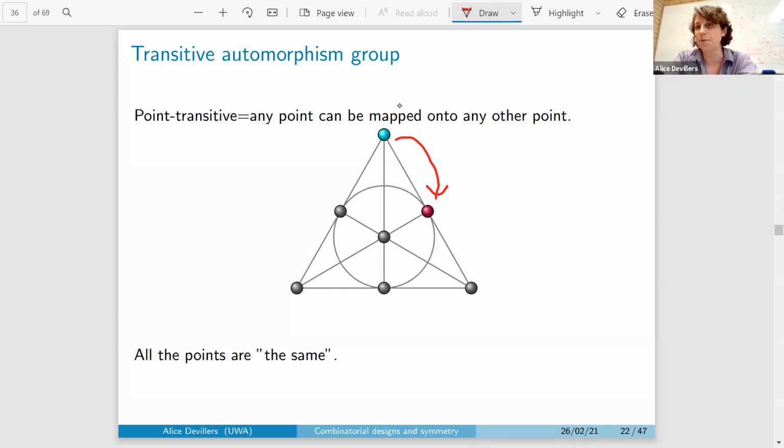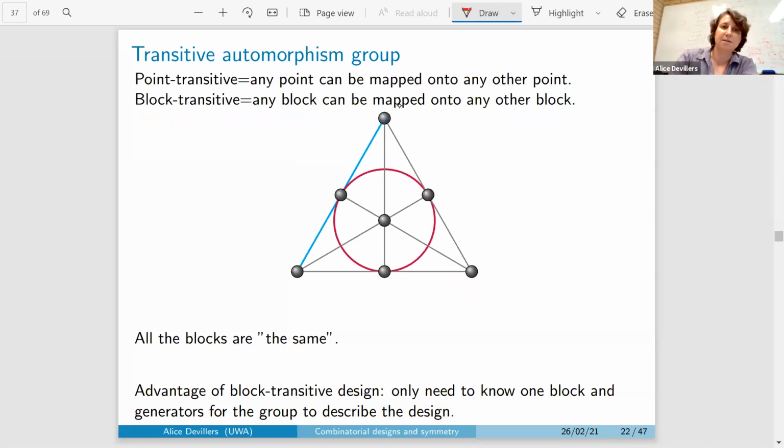So in other words, all the points are the same. Block transitive is the same but with blocks. So any block can be mapped onto any other block. For instance, the blue block can be mapped onto the red block here, and I can do this for any two blocks. So all blocks are the same.